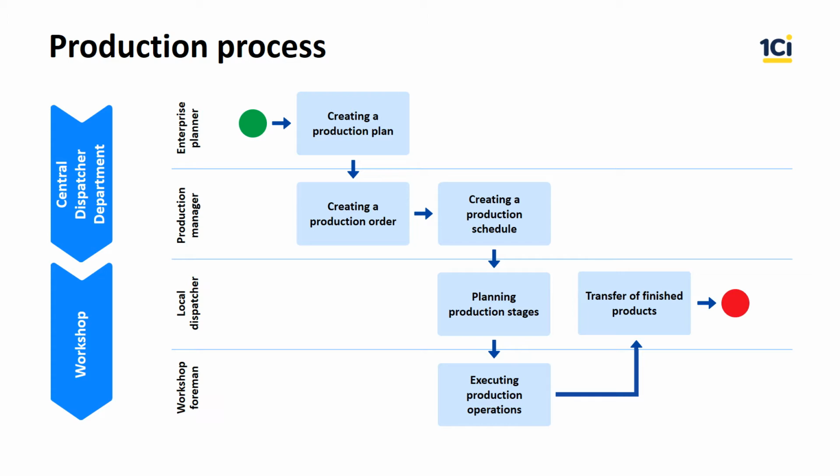A local dispatcher plans to fulfill the production stages based on the production schedule. When creating production stages, one's ERP takes into account the availability of work centers, as well as the provision of necessary materials. Workshop foremen assign jobs to responsible employees in their workshops within given time fences.